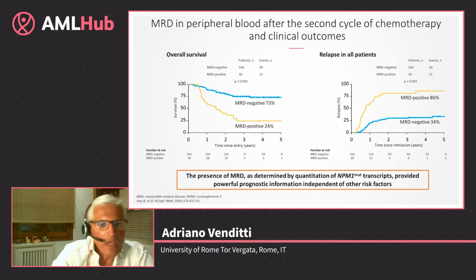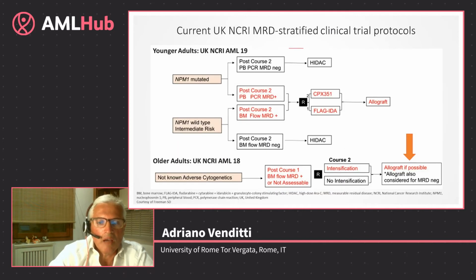And finally, we have the more recent and very robust data published by the colleagues from NCRI. They concentrated on patients with NPM1 mutated acute myeloid leukemia, and they evaluated the persistence of the NPM1 transcript in peripheral blood after the second cycle of chemotherapy. Again, patients who were MRD positive had a shorter duration of overall survival and a higher frequency of cumulative incidence of relapse.